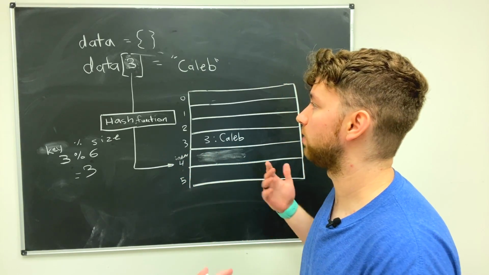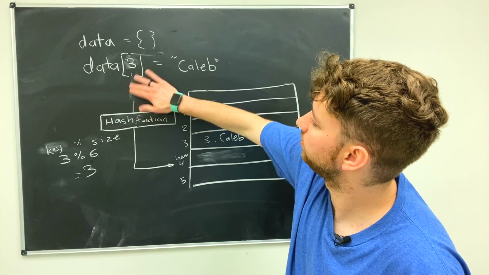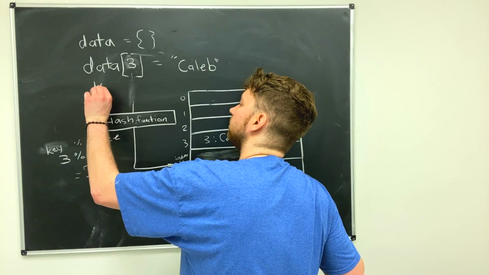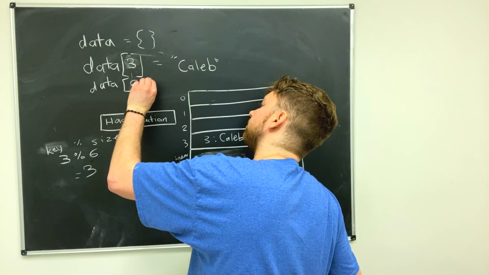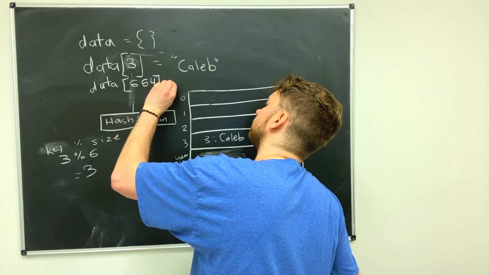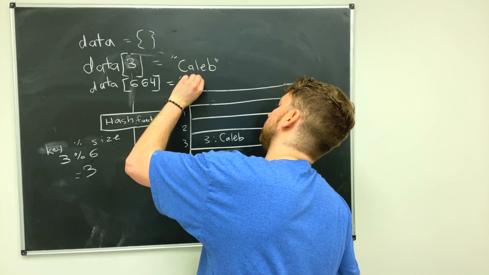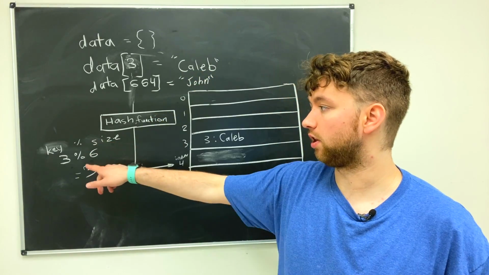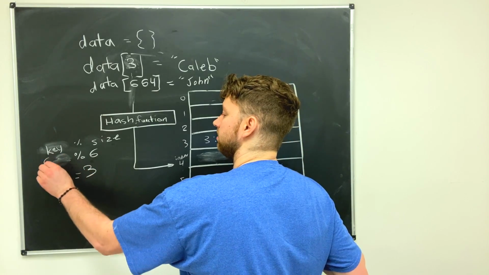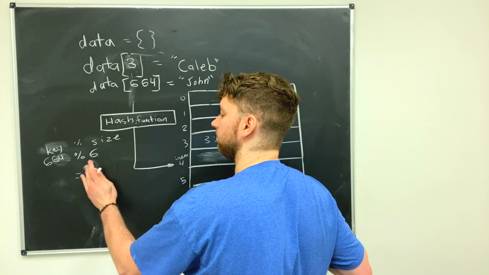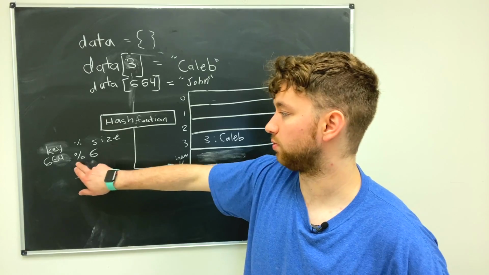Let's say we want to add another element in here. So we say data index 664, and this one is going to be John. Well, following the same exact algorithm, here's what's going to happen. We're going to have the key 664 modulus with 6.